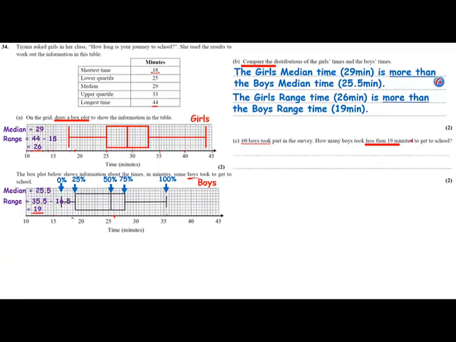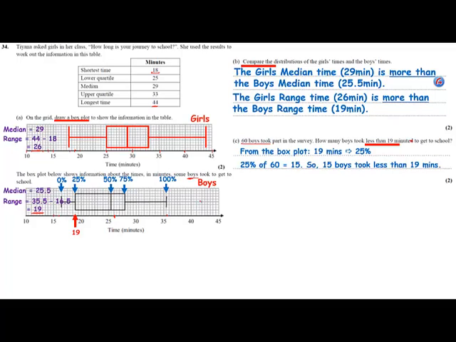So if I look on the box and whisker diagram, the box plot, that there is 19. 19 is 25%, so 25% of people took less than 19 minutes. What's 25% of 60? 25% of 60 is 15, so 15 boys took less than 19 minutes.